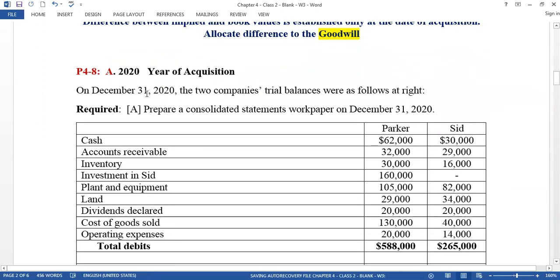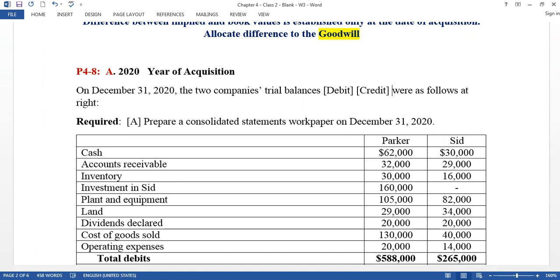On December 31st, 2020, the two companies' trial balances were as follows. And we know that for a trial balance, we have two columns. One is debit, and another is credit.